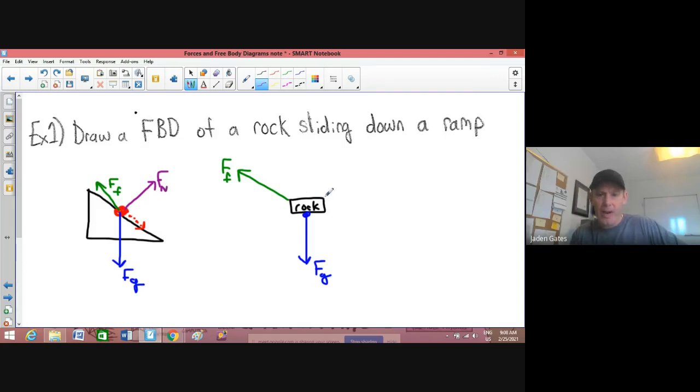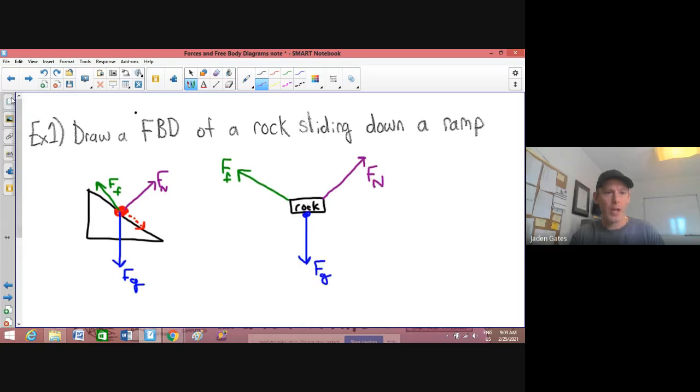And so again, on my free body diagram here, I'm going to draw the arrow at the appropriate angle. And there is a free body diagram of our rock. The force of gravity is making it come down the slope. The force of friction is opposing that. And of course, we have the normal force, which is always there, of the ramp pushing up on the rock because the rock is pushing down on the ramp.